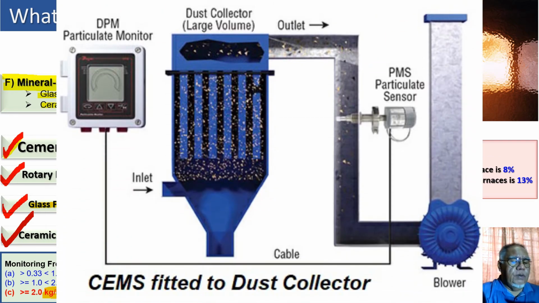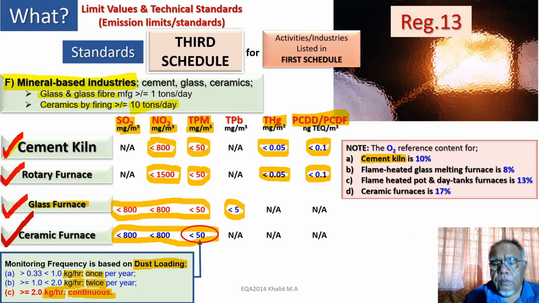I got to read something from the book, if you don't mind. Just take note, competent persons, consultants who are doing the sampling and also consulting for the monitoring system for this company.